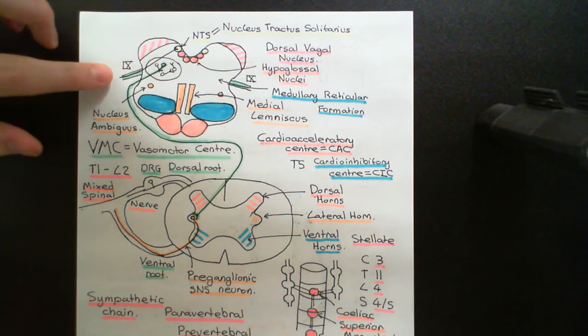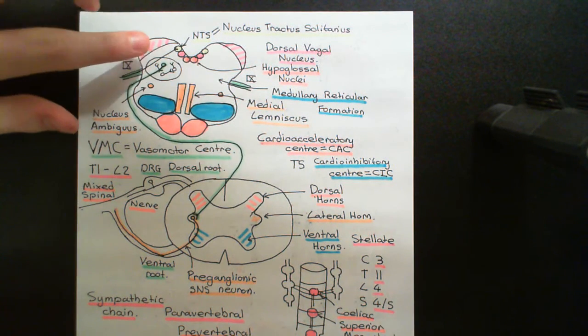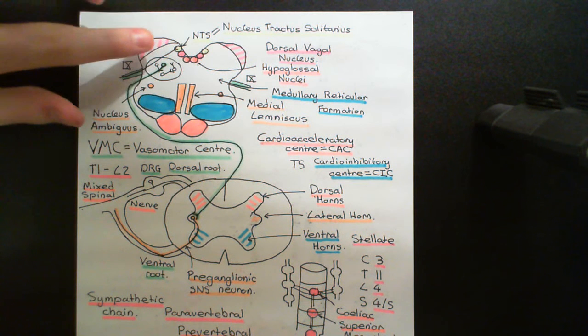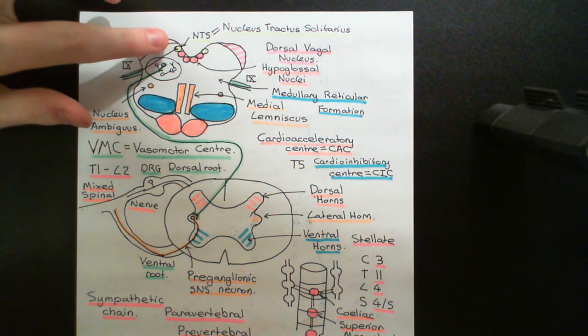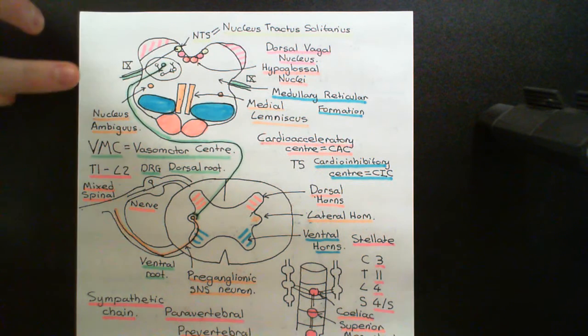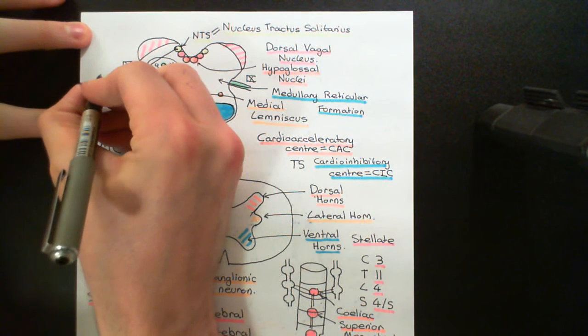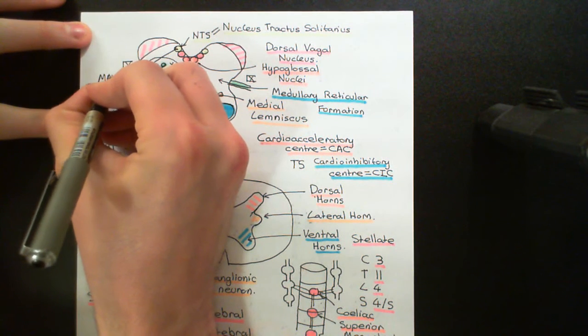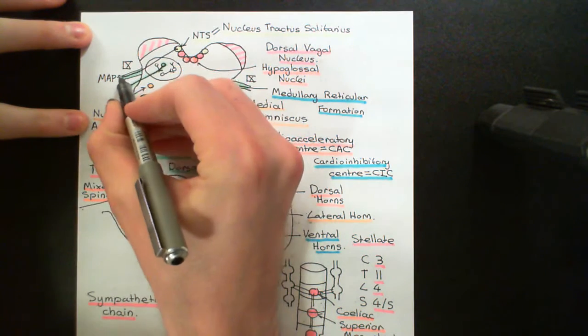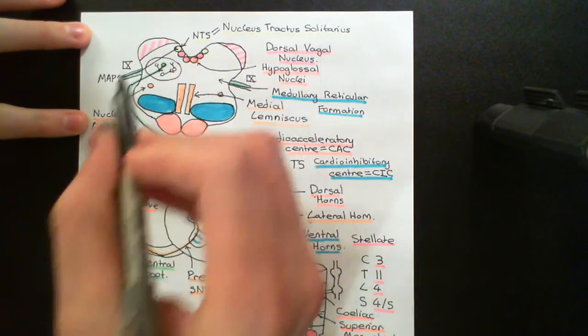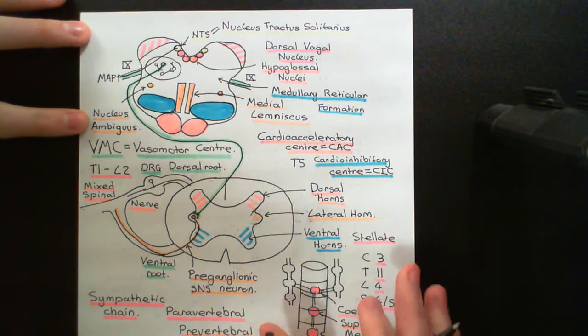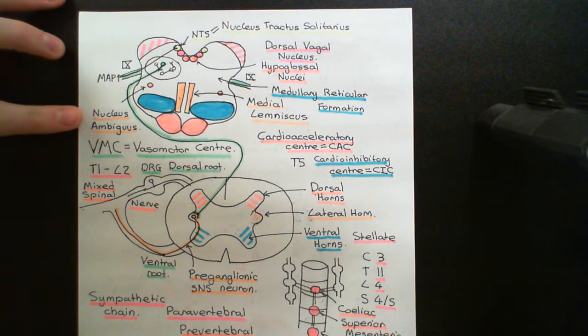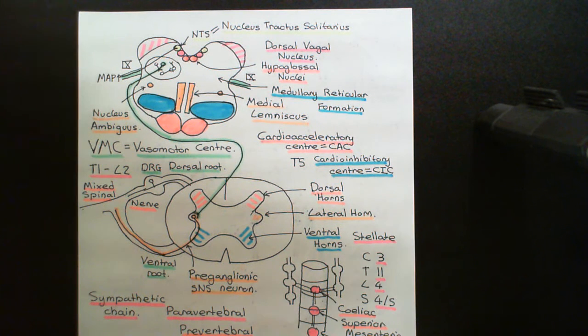So, remember, the baroreceptive afferents, their central processes, are stimulating neurons in the nucleus tractus solitarius. Okay, so the higher mean arterial pressure is, the faster you are getting action potentials coming up here. So let's say initially that mean arterial pressure is too high, and then we'll do what would happen if mean arterial pressure is too low.